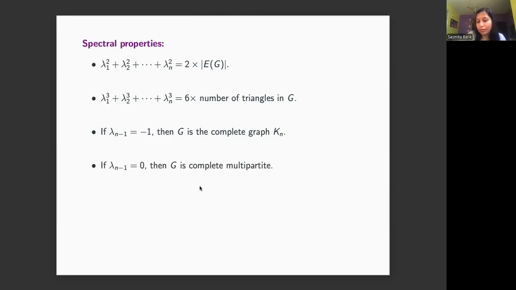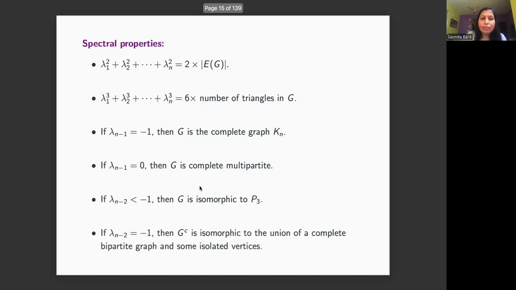Similarly, if the third largest eigenvalue is strictly less than minus 1, then the graph is isomorphic to P3. Only for P3 does this happen.